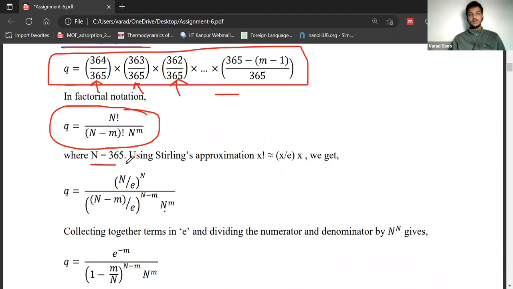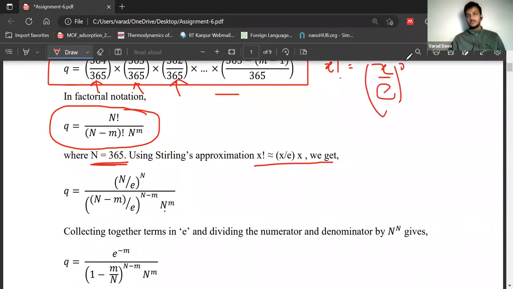Now here n is 365, and we use Stirling's approximation. So what is Stirling's approximation? In this form it is nothing but (x by e) whole to the power x, right? So how did it come? We know that Stirling's approximation is ln x factorial is nothing but x ln x minus x, right?